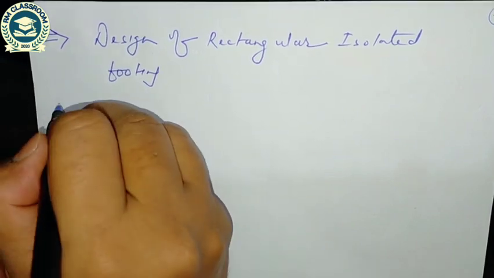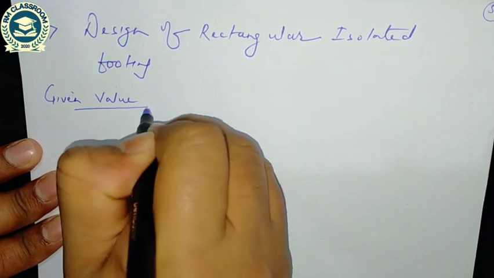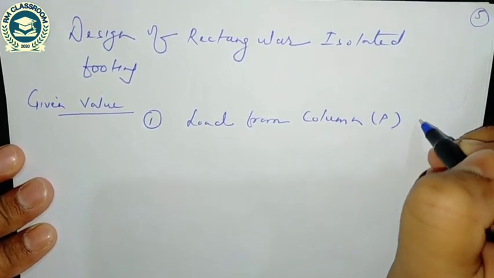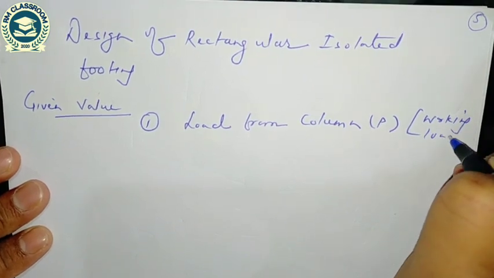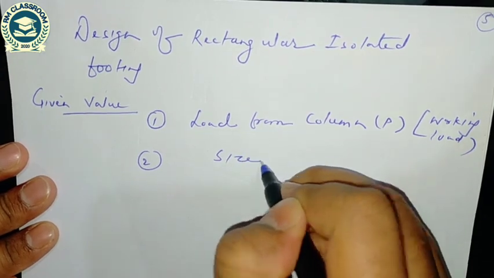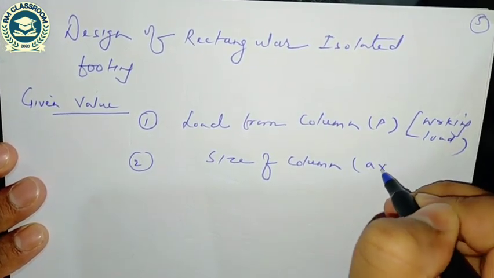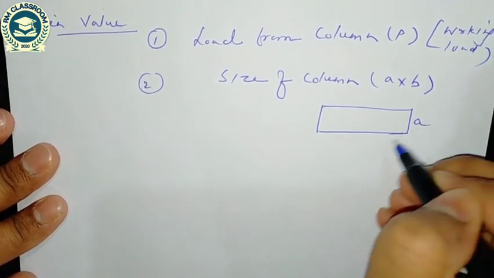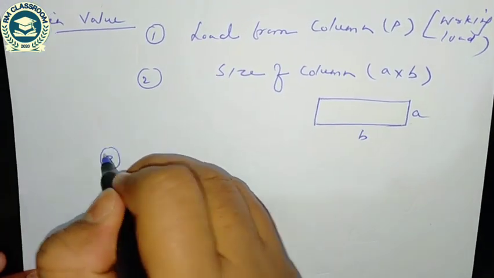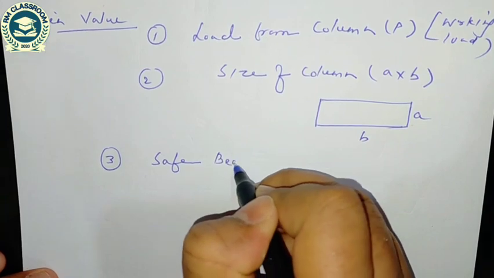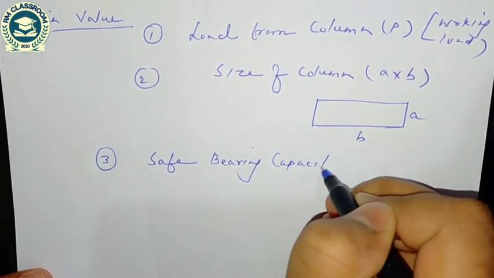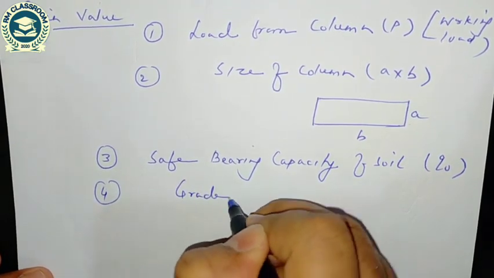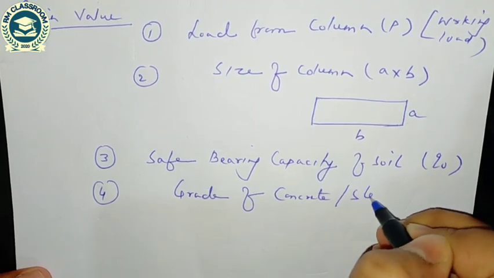In the design of a rectangular isolated footing, the values given in the question are: first, the load from the column P, which will be the working load; second, the size of column A by B; third, the safe bearing capacity of soil Q naught; and fourth, the grade of concrete and steel.